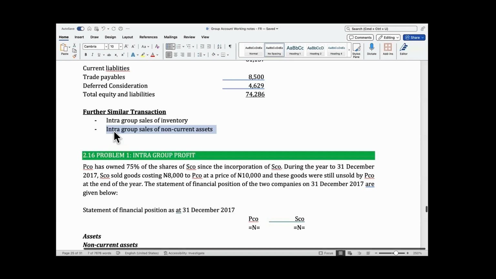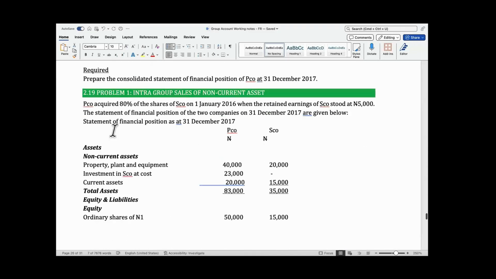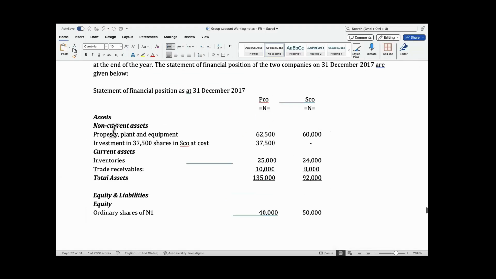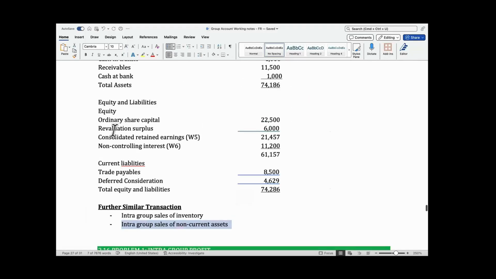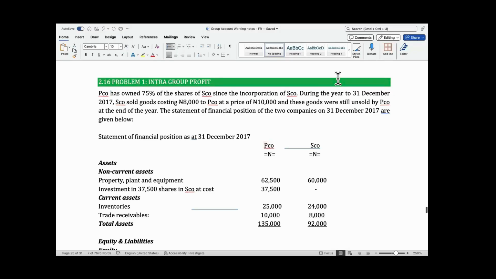So let's look at two or three questions to actually resolve that first before we go to some other parts. So let's start with this. This one says PICO has owned 75% of the shares of ESCO since the incorporation of ESCO. Now, during the year to 31st December 2017, ESCO sold goods costing 8,000 to PICO at a price of 10,000.